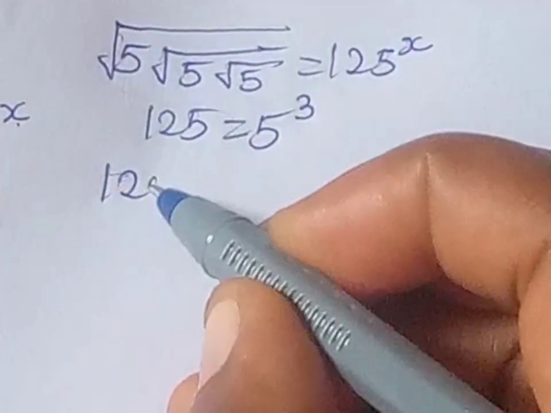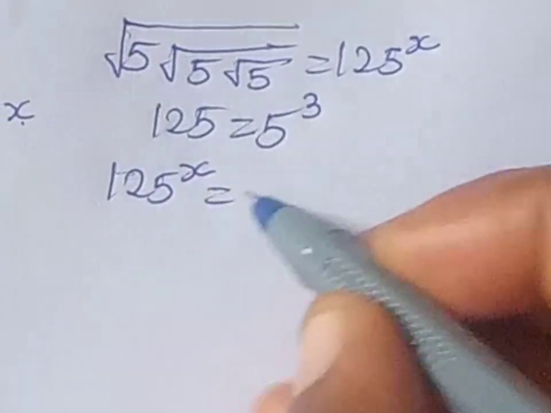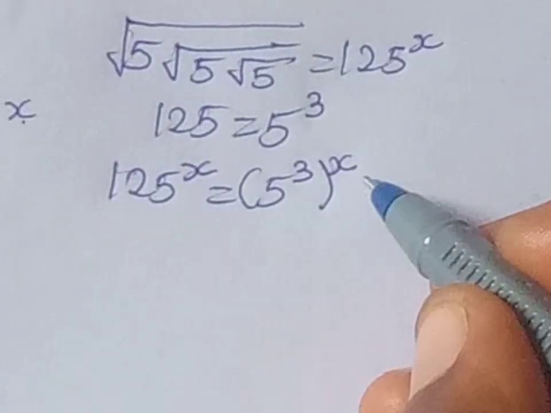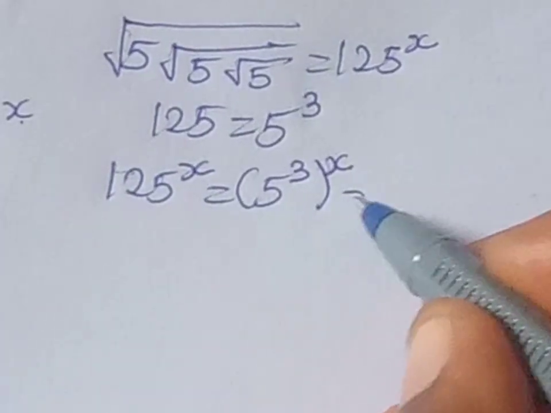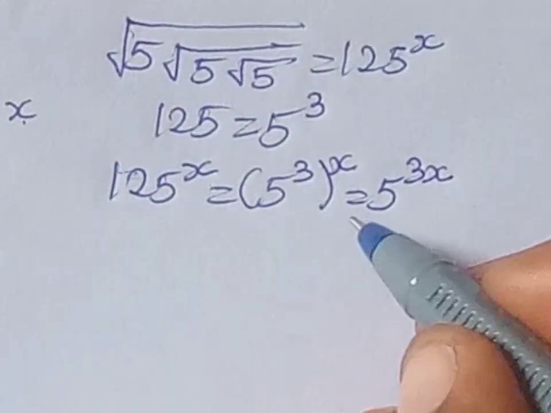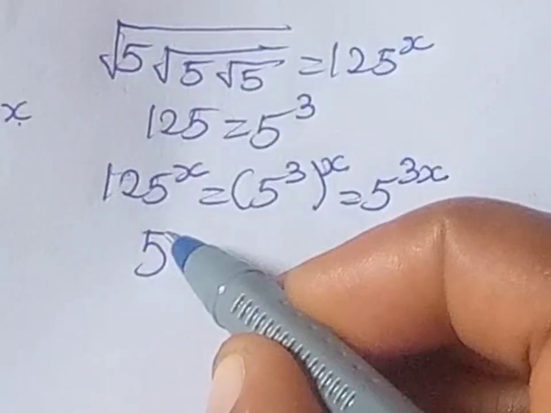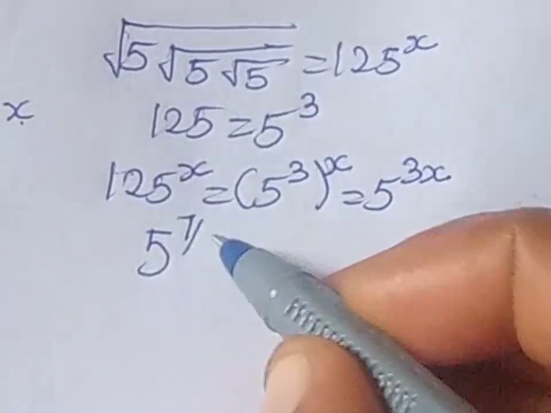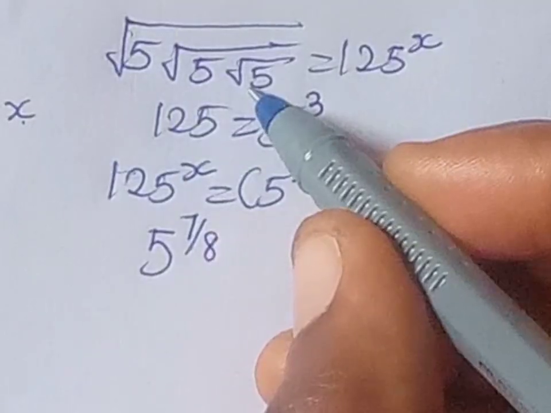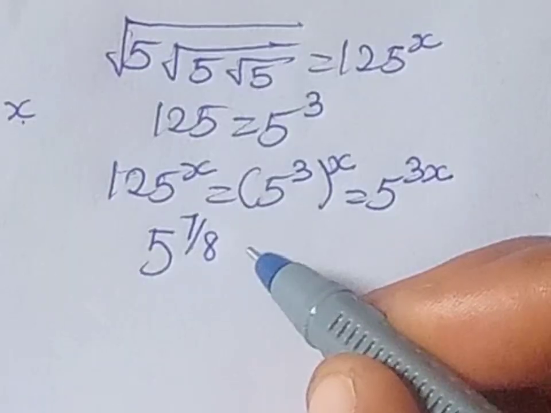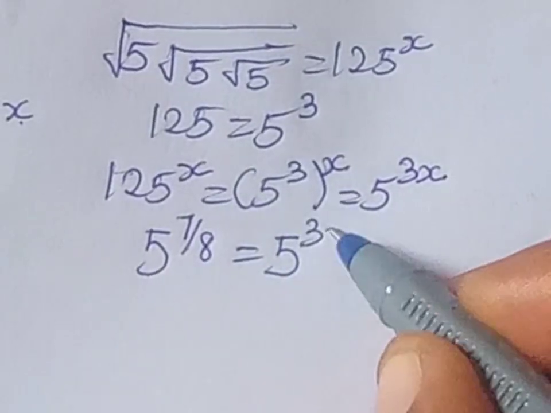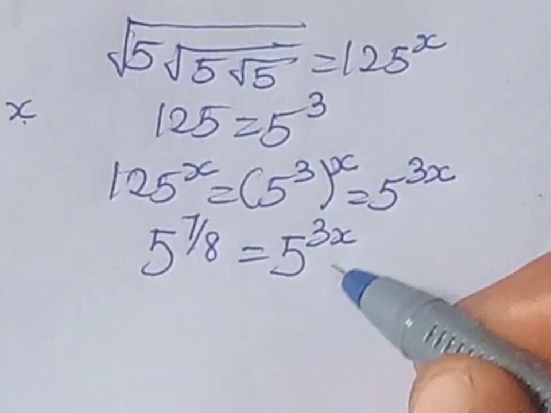Therefore, 125 raised to the power of x equals 5 raised to the power of 3 to the power of x, which will give us 5 raised to the power of 3x. Now our equation becomes 5 raised to the power of 7 over 8, which was what we got when we were done with the calculation on the left side, equals 5 raised to the power of 3x, the calculation of the right side.